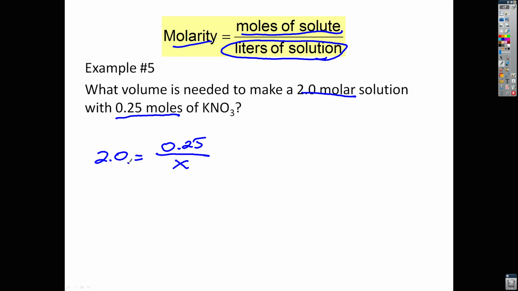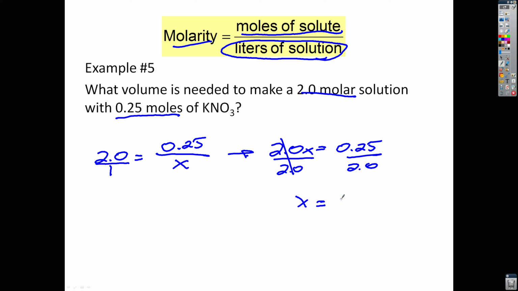How do we solve for x? We're going to cross multiply, pretending that the 2.0 is over 1. So 2.0x equals 0.25. Divide both sides by 2.0, and x is going to end up equaling 0.125. We were looking for liters, so this is 0.125 liters.